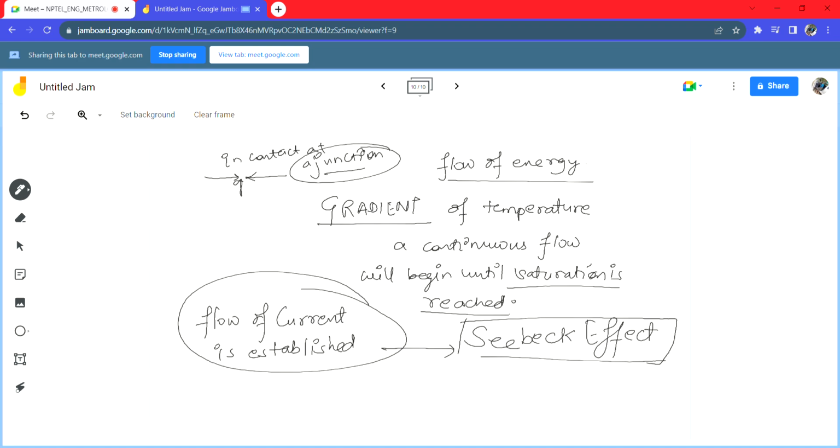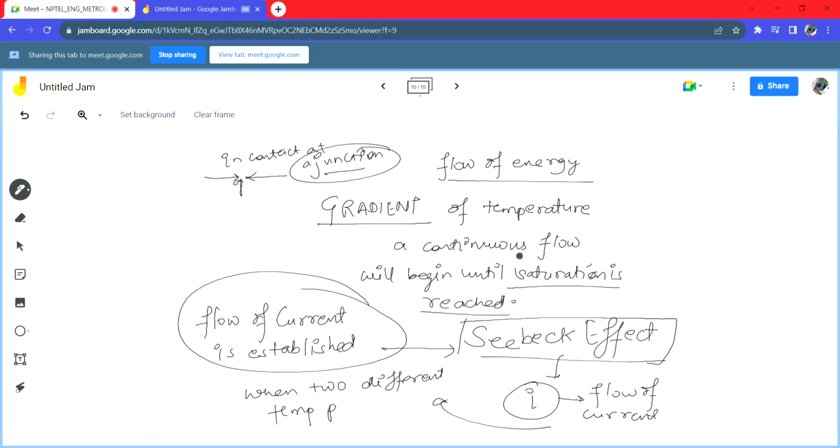So Seebeck effect corresponds to I, the flow of current, when two different temperature points are approached towards each other.